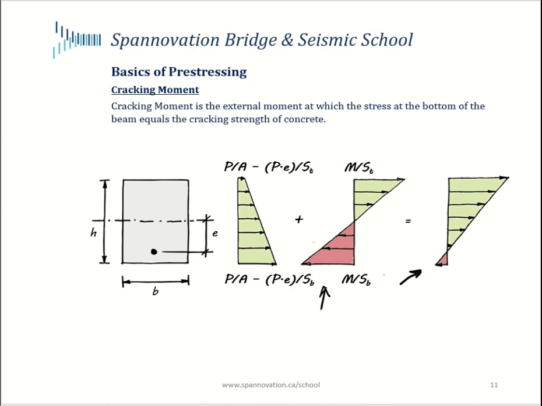The moment that produces that is called the decompression moment. Now, as the stress continues to decrease and the section gets into tension, at one point the stress on the bottom fiber would become equal to the cracking stress of concrete. So the moment that produces that stress state is known as the cracking moment.